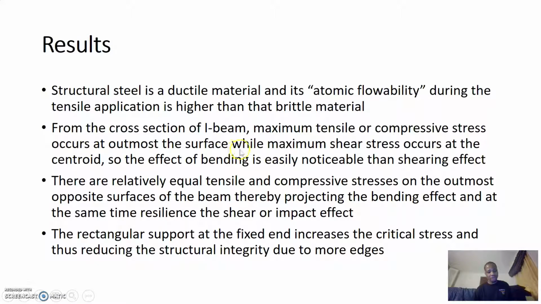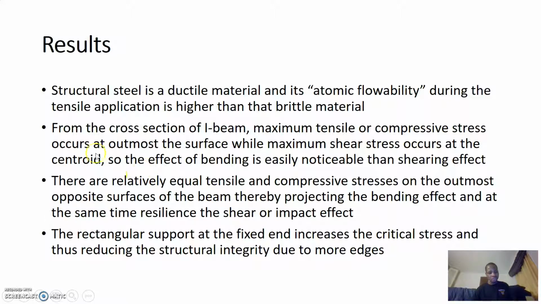We can see the bending earlier than the shearing force, simply because the bending effects occur at the ultimate surface of the beam, and there are relatively equal tensile and compressive stresses on the outer opposite surfaces of the beam, thereby projecting the bending effect while resisting the shear or impact effects.